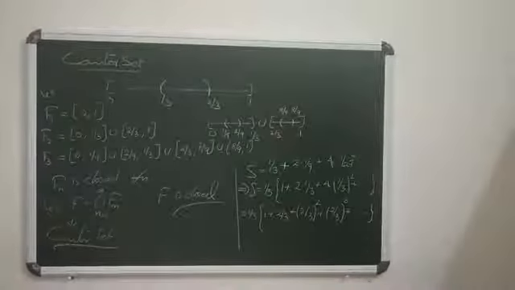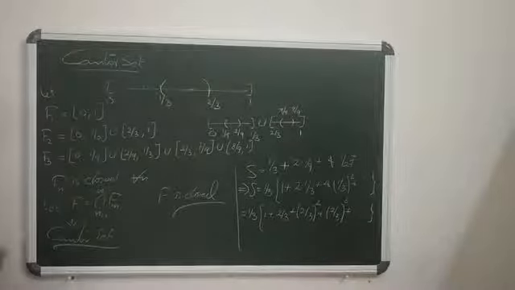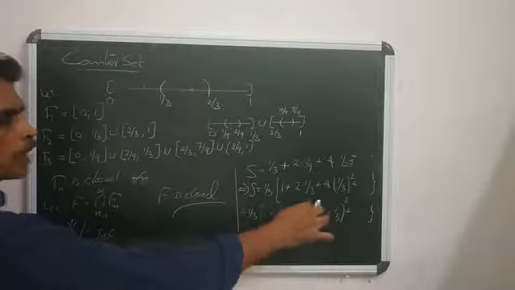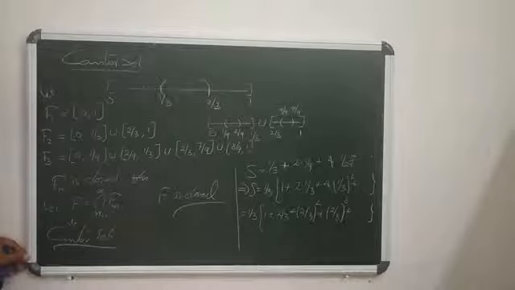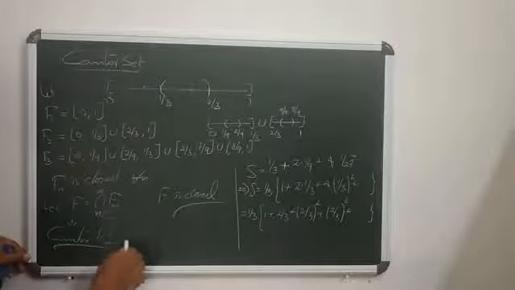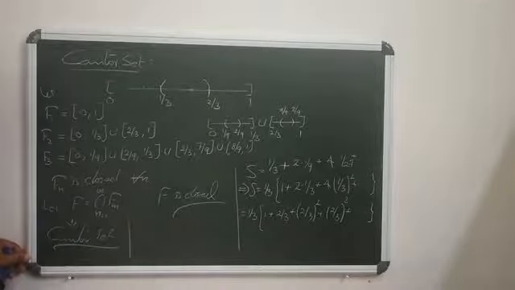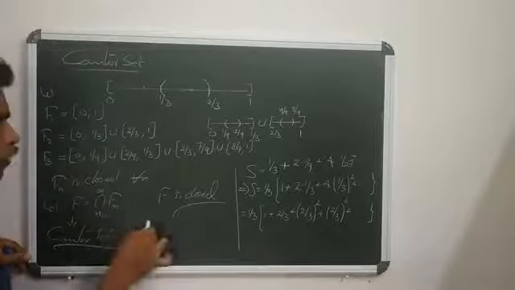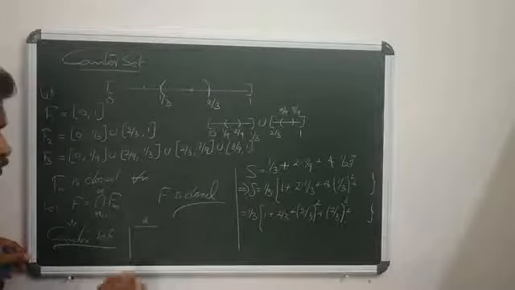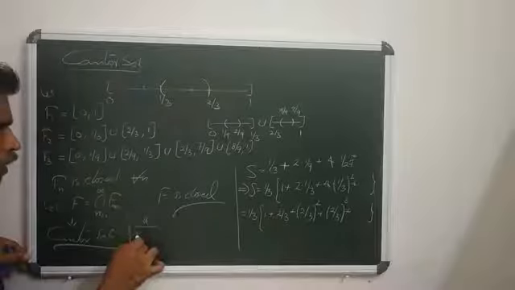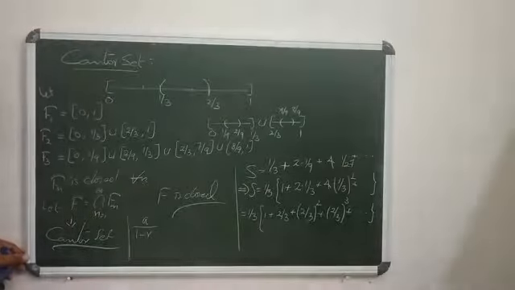So what about the term inside the bracket? It is nothing but a geometric series having common ratio 2 by 3, less than 1. The sum of an infinite geometric series having common ratio r less than 1 is a by 1 minus r, where a is the first term.